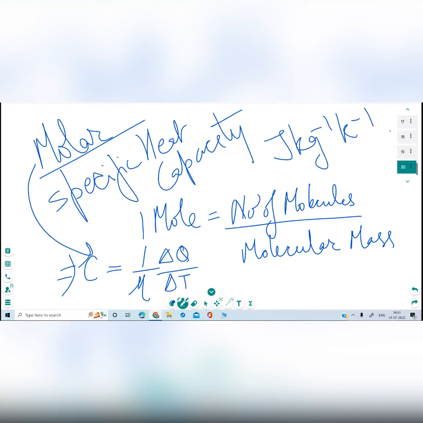And it depends on what? See, that depended on two things: nature of the substance and temperature. This will also depend on the nature of the substance, second is temperature, and third, the conditions under which heat is supplied. Why? Because it is mole.